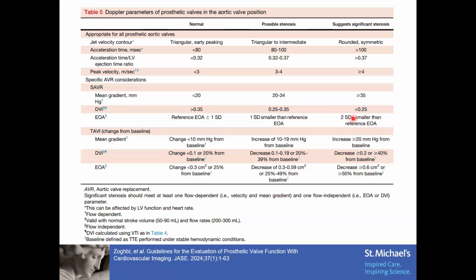A mean gradient over 35, a DVI less than 0.25, and then an EOA 2 standard deviations below the reference EOA that you can find in the appendix. They have added an extra component here for TAVI valves, which I'm not really going to touch on, but be aware that for TAVI valves, looking at serial studies and how much the gradient is changing or how much the DVI or EOA is decreasing in serial measurements is important because that percent change can indicate stenosis, and that is in the guideline.